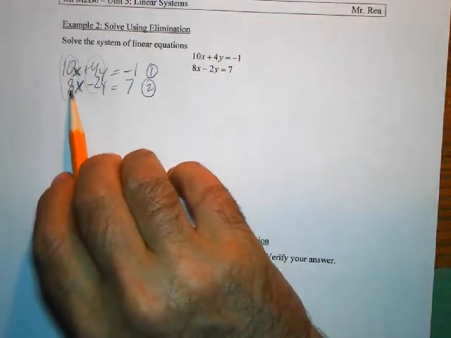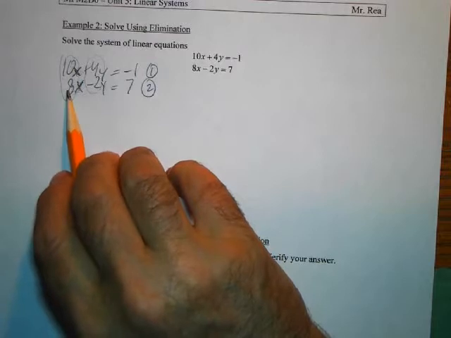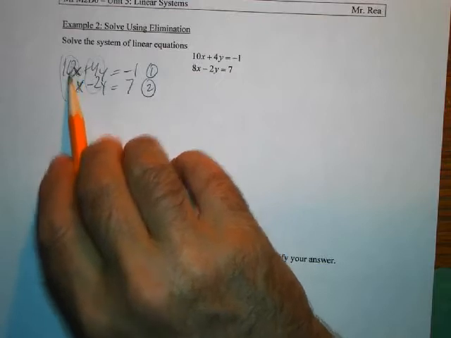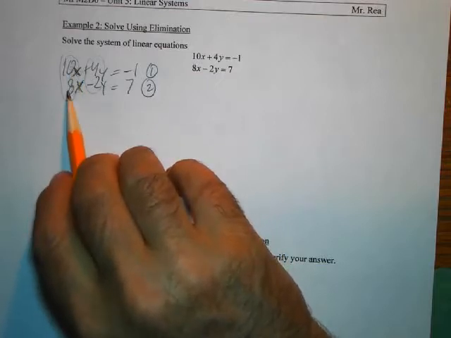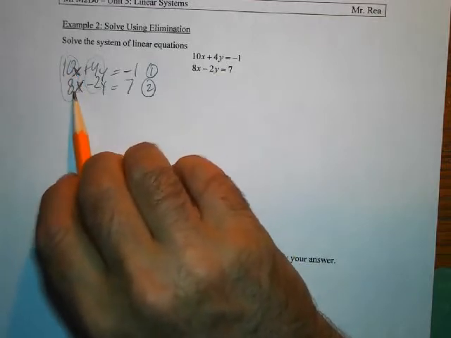If I multiply, and let's pick the lower one, if I multiply the 8 by a number, and it has to be an integer, can I ever get to a 10? No. Right? If I multiply that by 2, I get 16. It's not going to get rid of the x, right?